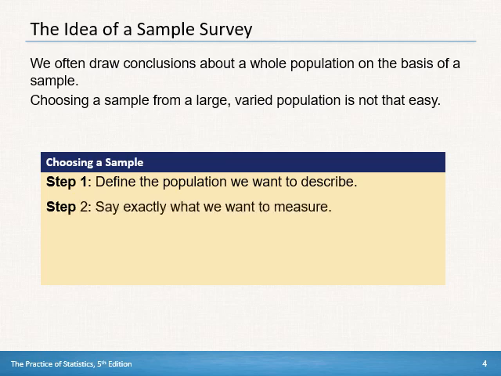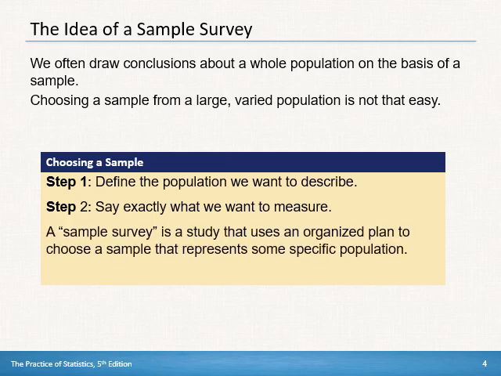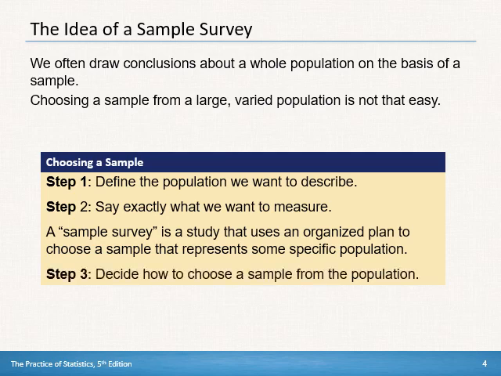We want to say exactly what it is we're going to measure about that population, and then we will survey a sample of them. And then we want to decide how we're going to choose the sample. Often in examples, we just say, oh, a random sample was chosen. It's actually a difficult task to find a proper random sample from a population.